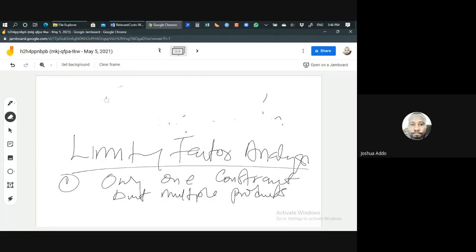That's how I am calling them, decision frameworks in limiting factor analysis, because we have about three specific situations that generate different decision frameworks. The first one is where we have only one constraint or only one limiting factor.